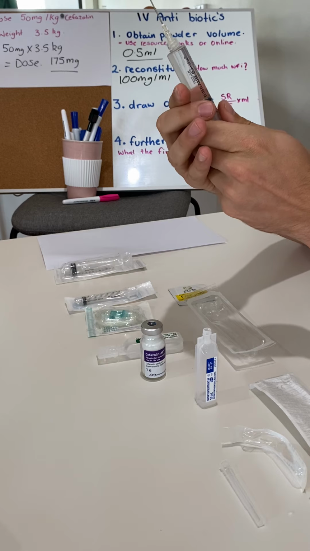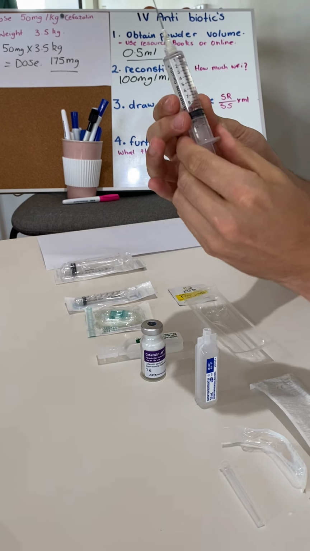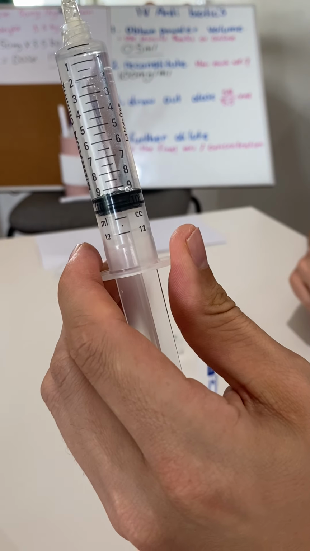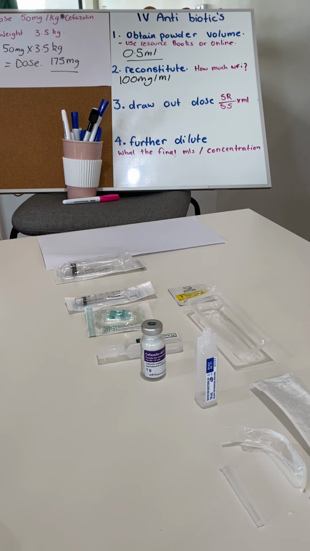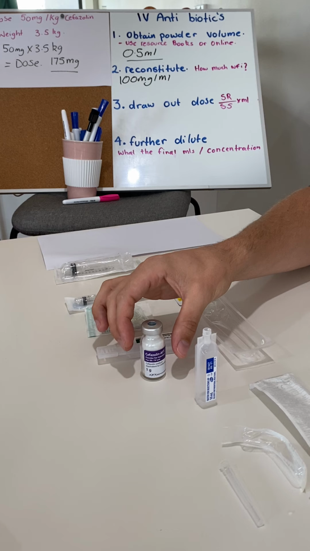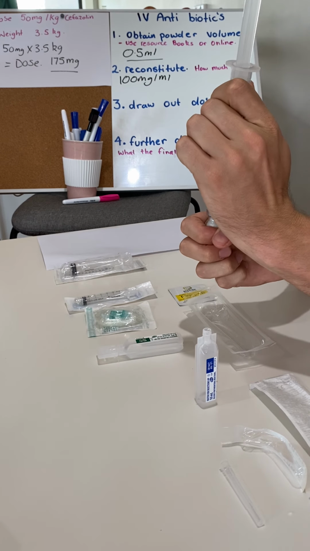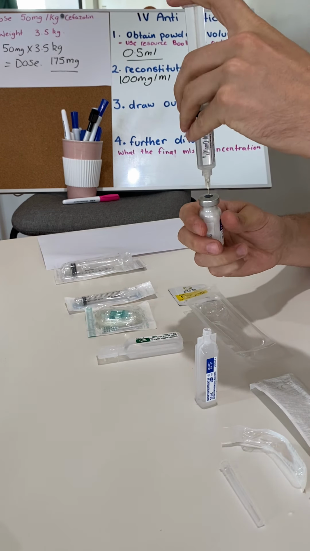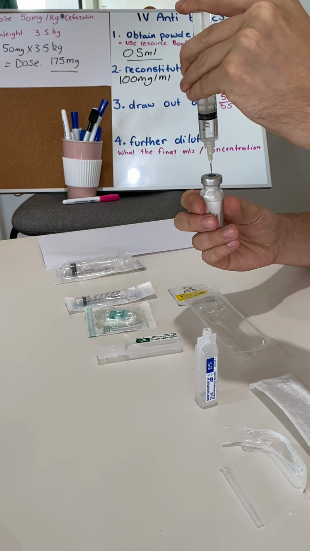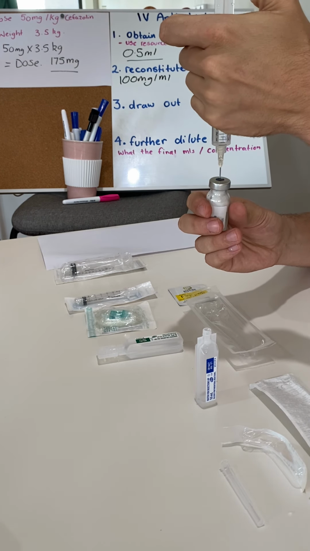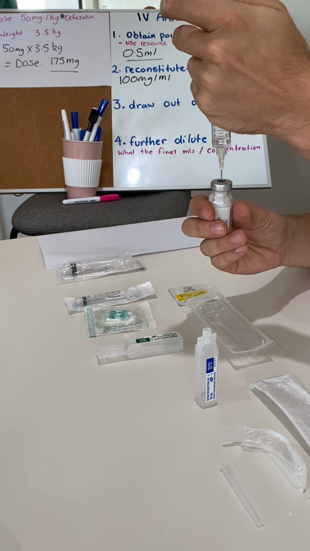So at this stage, you check with your buddy nurse that you have exactly 9.5 in your 10 ml syringe. Awesome. And you can go ahead and add it to your cefazolin. This way, we know we have exactly 10 mils worth of volume in there, with a concentration of 100 milligrams per mil.